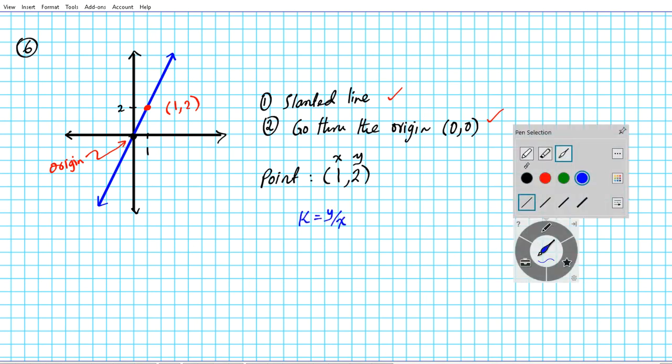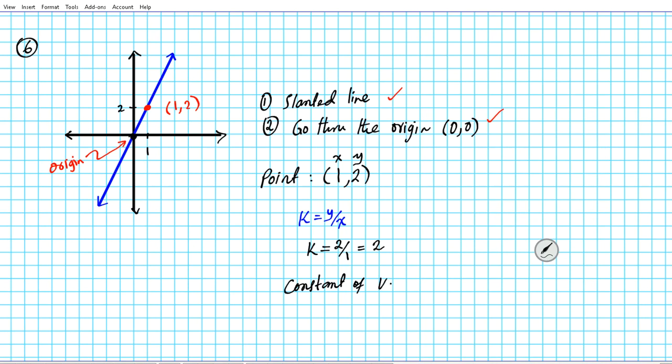So k is y, which is 2, over x, which is 1, and that's 2. So in this problem, the constant of variation for this direct variation is k equals 2. That's how to identify direct variations and find the constant of variation.